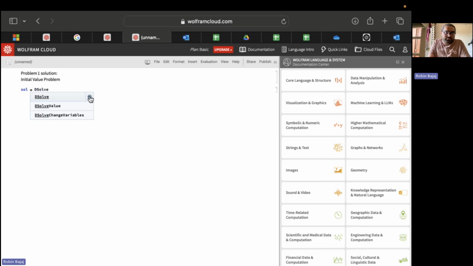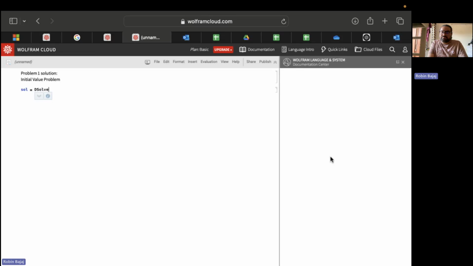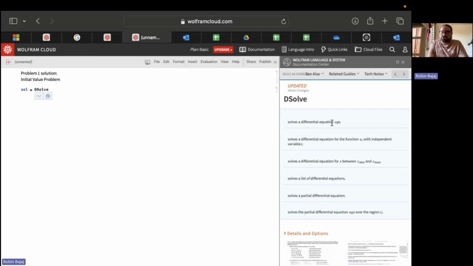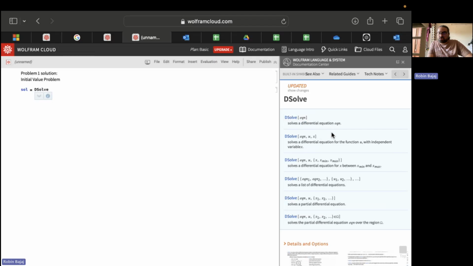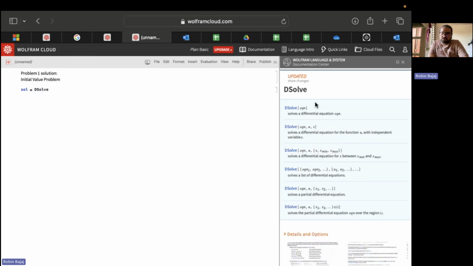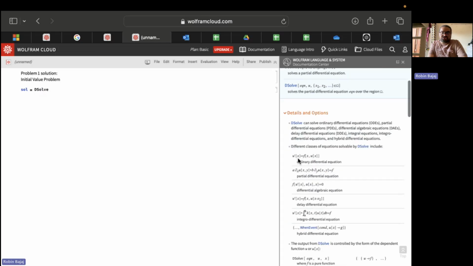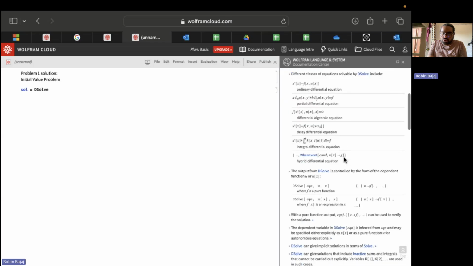What does it look like? For example, assume that you don't know anything about this. Okay, so right. This is the way to solve the differential equation. What do they say? They say you have to write the equation. If the differential equation is of the form u_x equals f of x comma u, this is how it will solve.